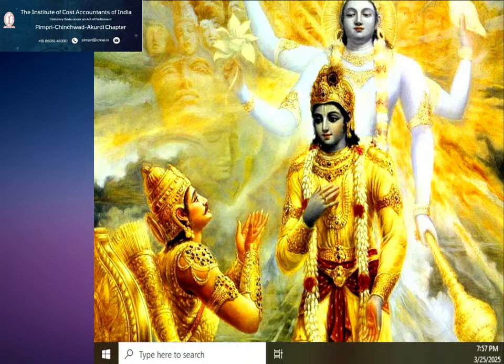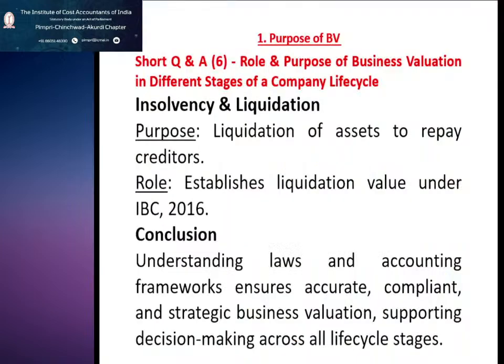And then typically the last phase in the cycle of a company is the insolvency and liquidation, if at all. The purpose of business valuation is the liquidation of assets to repay the creditors. And BV therefore establishes liquidation value under the IBC 2016.